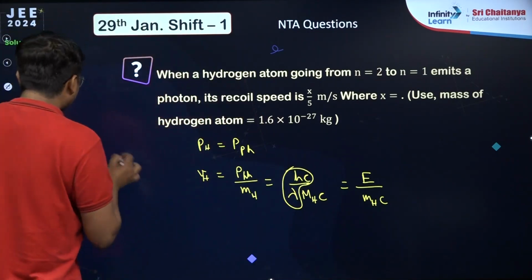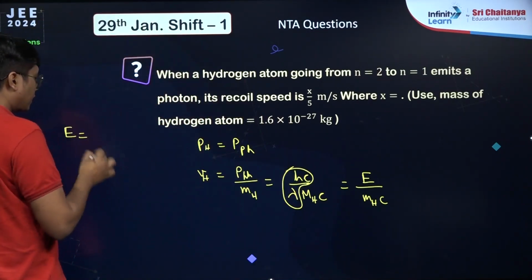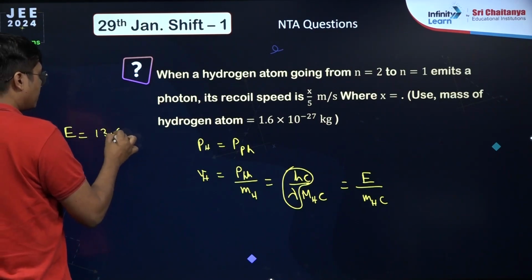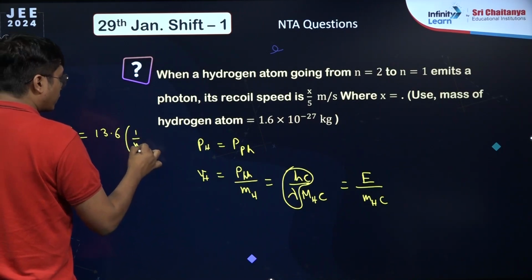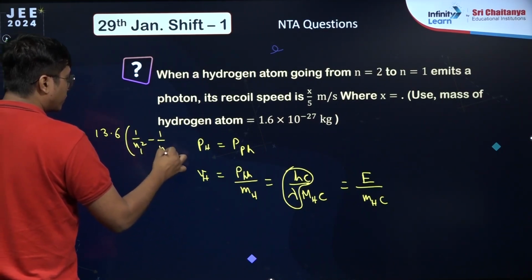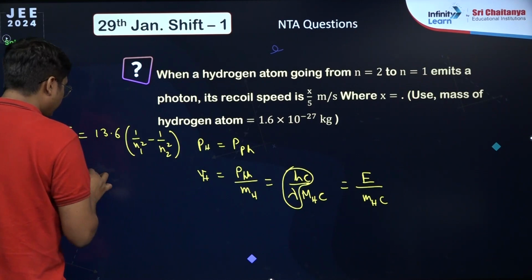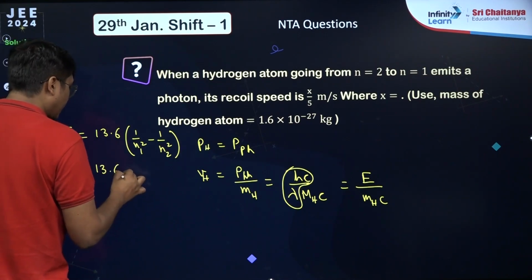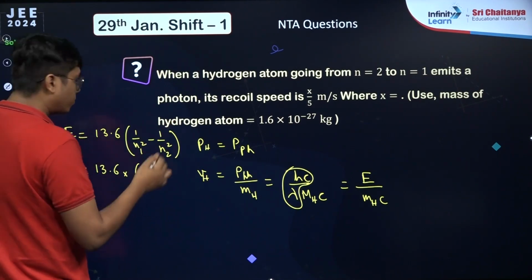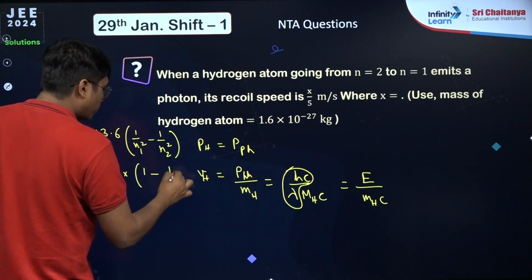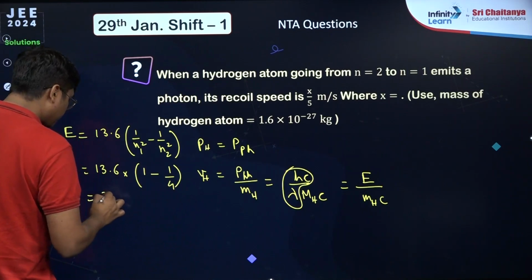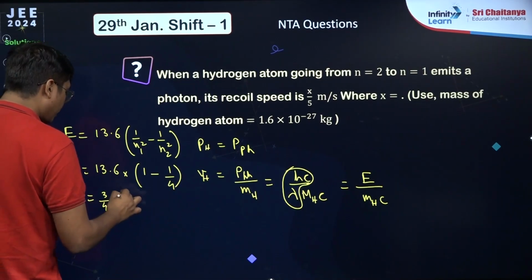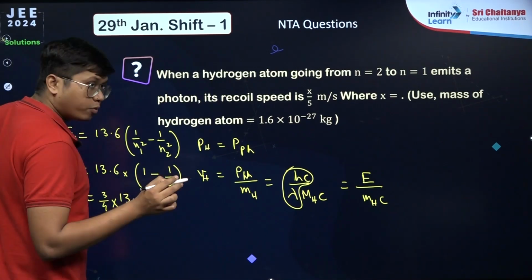To get that, E is equal to 13.6 in terms of electron volts into 1 by n1 square minus 1 by n2 square, which is 13.6 into 1 by 1 square minus 1 by 2 square, that is 3 by 4 times of 13.6.